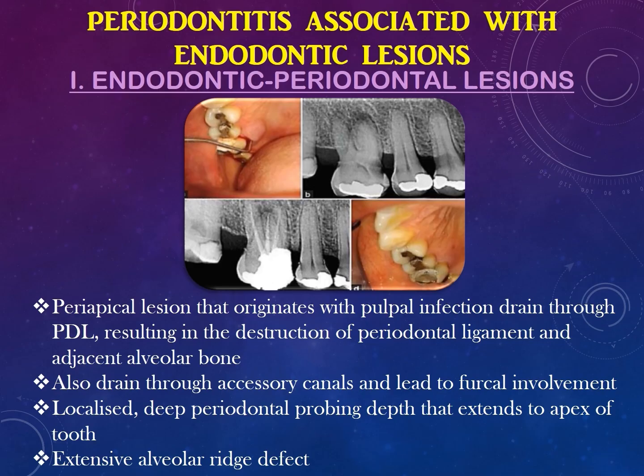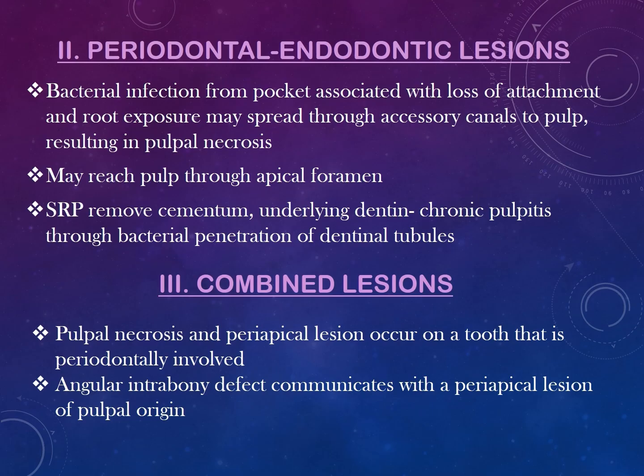Periodontal endodontic lesions. In these lesions, the periodontal lesions will precede the pulpal necrosis. So the bacterial infection from the pocket associated with loss of attachment and root exposure may spread through accessory canals to the pulp, resulting in pulpal necrosis. It may also reach the pulp through the apical foramen.